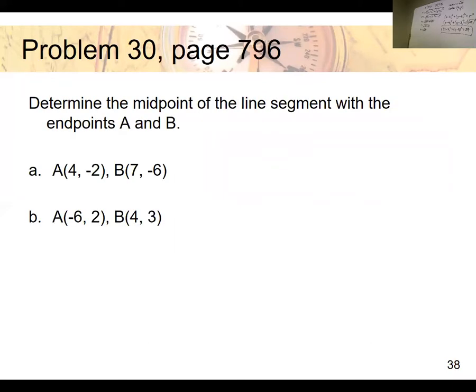All right, in this case here, I want to determine the midpoint of the line segment with the endpoints A and B. So in part A, we got point A, 4, -2, and point B, 7, -6.